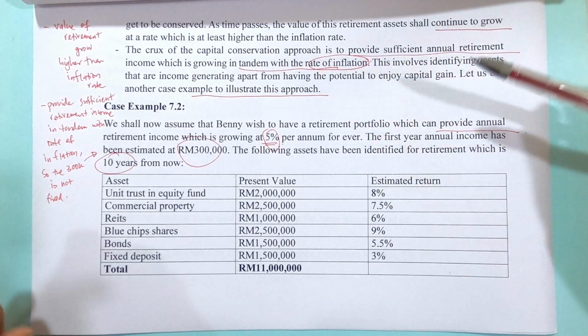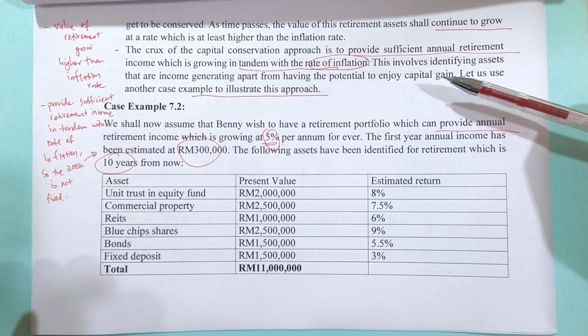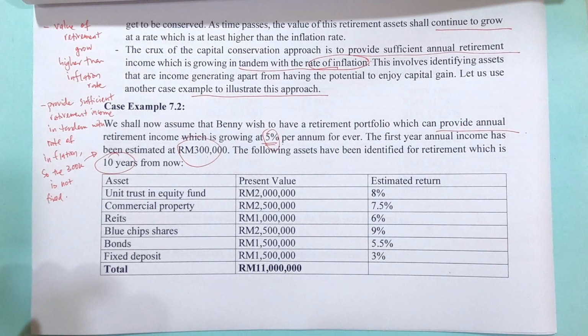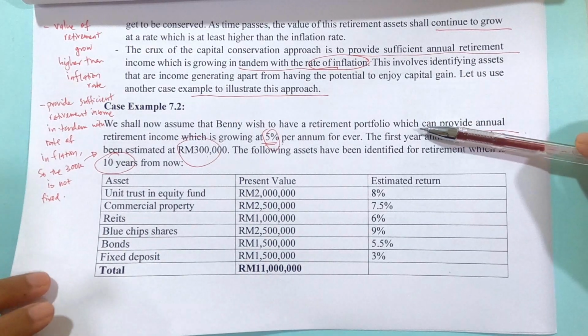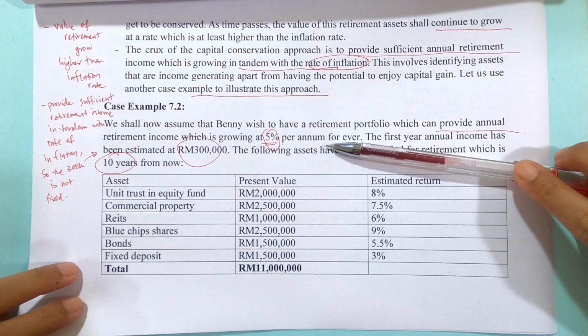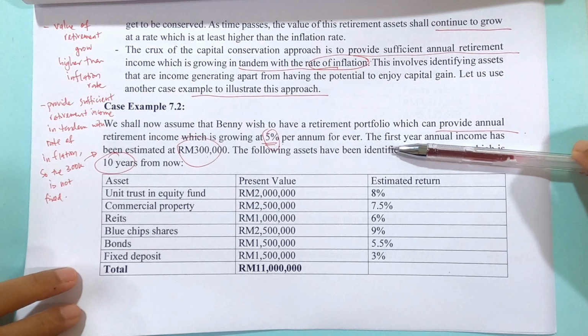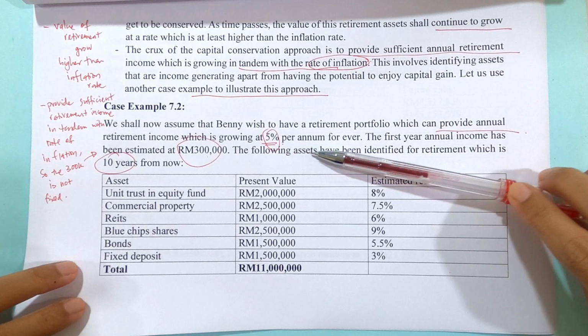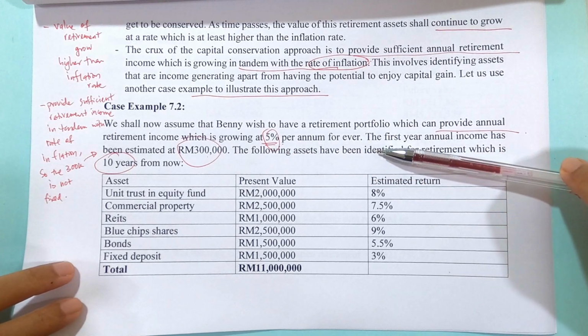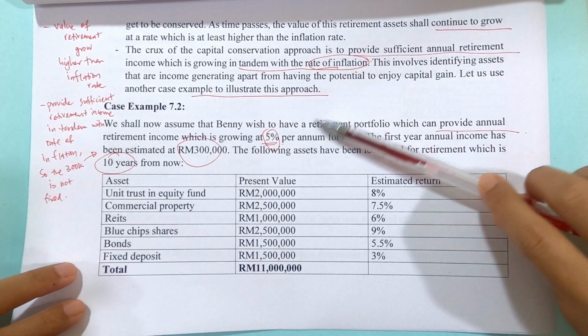So let us have a look at the question, example 7.2, the case of Benny. We shall now assume that Benny wished to have a retirement portfolio which can provide annual retirement income which is growing at 5% per annum forever. Now we look at the information.